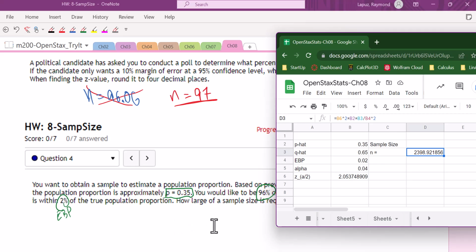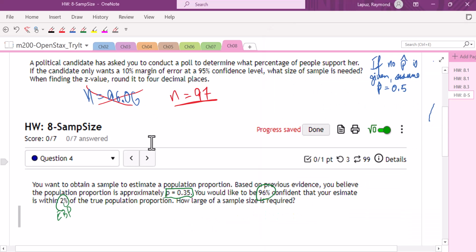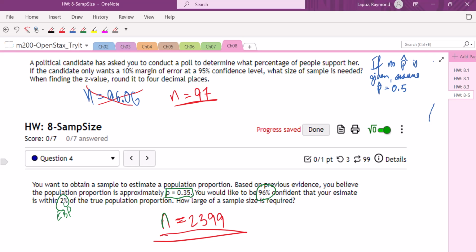So 2399. So our n, let's put this as our answer in red, n is equal to 2399. Okay, and that's it. So good luck with these problems, and I'll see you around.